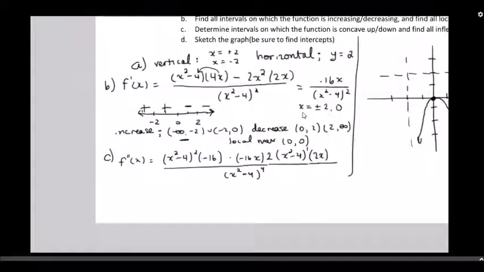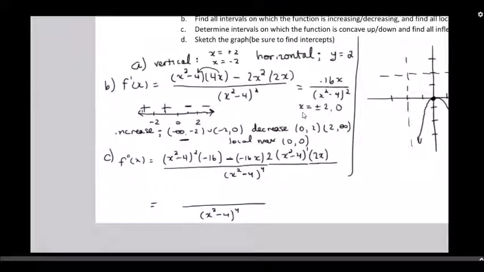Now simplifying some terms in the numerator. Well, let's write the denominator, (x squared minus 4) to the 4th power, and that's a minus right there.